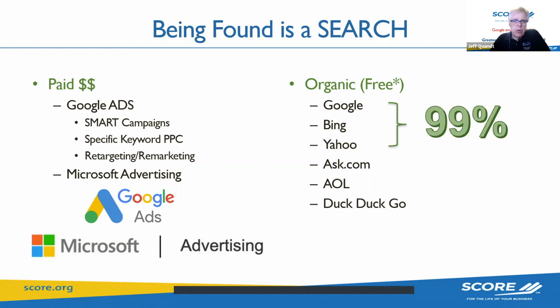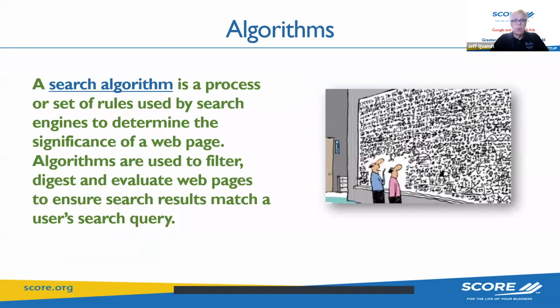So there's organic search results, and 99% of the searches are conducted on Google, Bing, and Yahoo. Ask.com and AOL and DuckDuckGo are becoming a little bit more prevalent, but combined with all the other search tools out there, that's a little sliver of what they call 1%.